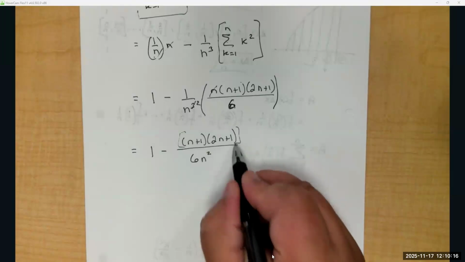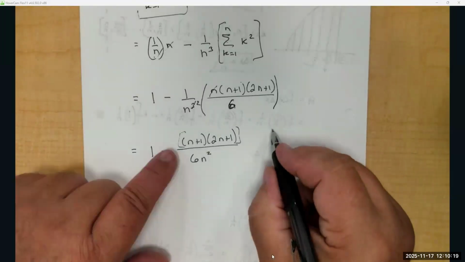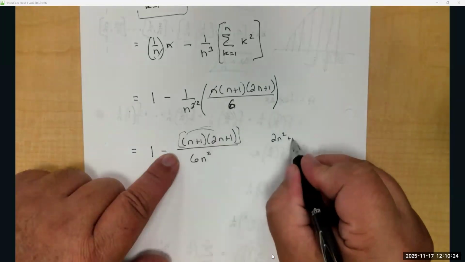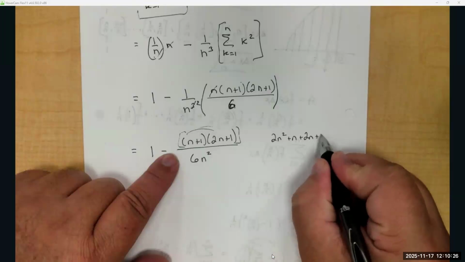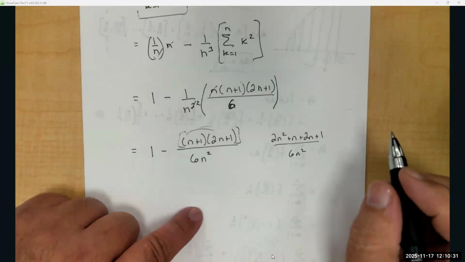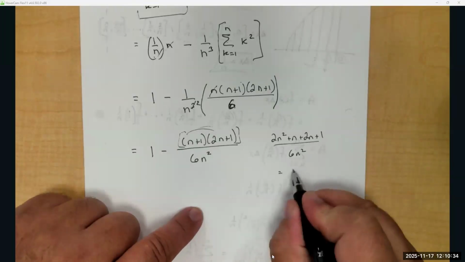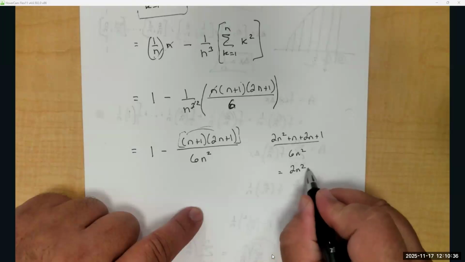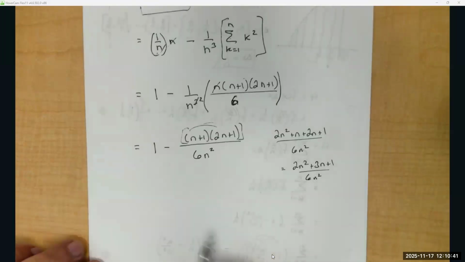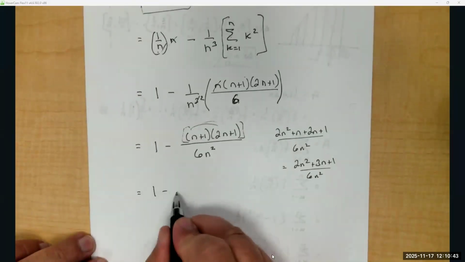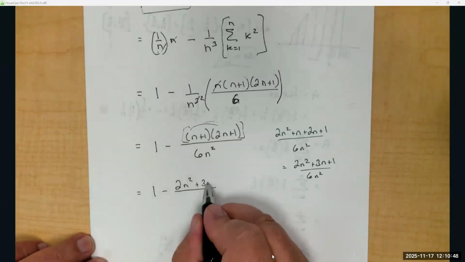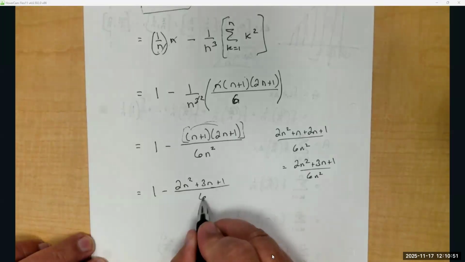Let's multiply these out to see what we have. So that becomes 2n squared plus n plus 2n plus 1. So it's 2n squared plus 3n plus 1. 1 minus 2n squared plus 3n plus 1 over 6.